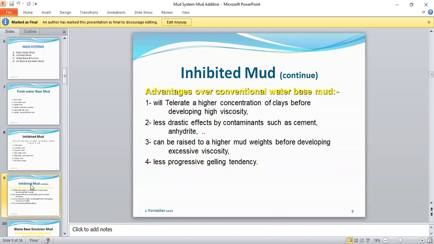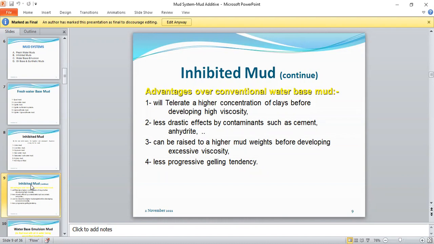Inhibited mud systems can be raised to a higher mud weight before developing excessive viscosity. You can raise them to higher mud weight, but with ordinary freshwater mud, as you're increasing the mud weight, the viscosity is increasing and the pump will not be able to pump it. But with inhibited mud systems, as you're adding your weighting material, for example barite, barium sulfate, it will be able to accommodate it and give you the weight you want.